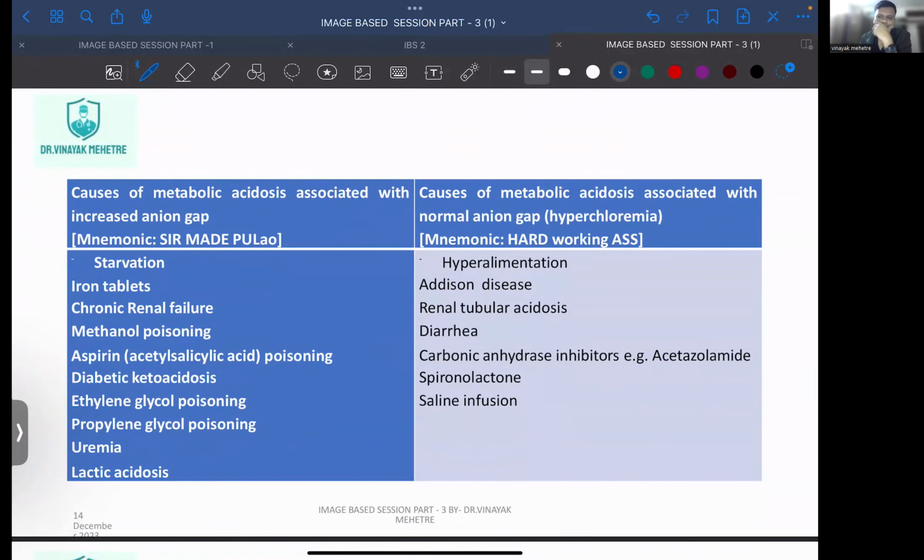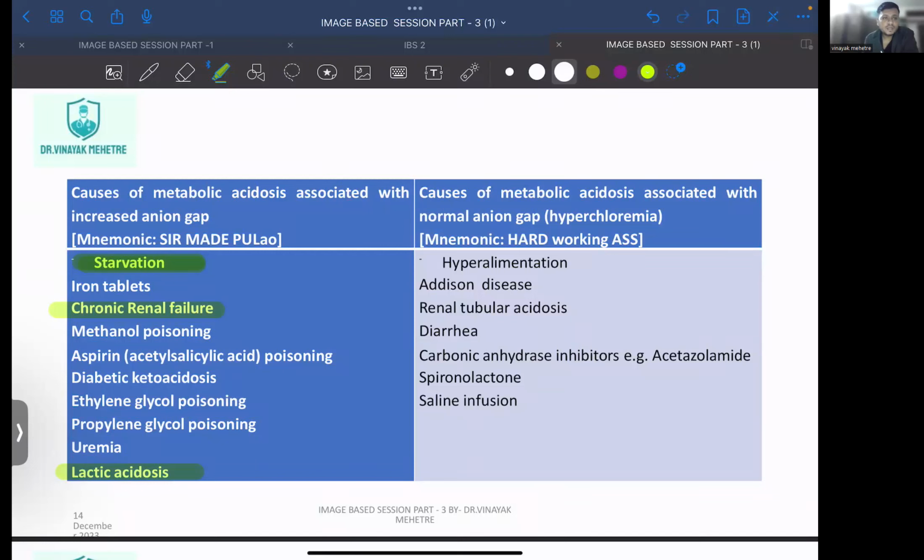You can remember increased anion gap by the mnemonic "sir made pulao". Though I will not make it for you. Remember this: sir made pulao. And in this you should know 2-3 things. It is starvation, not dehydration. Starvation means not eating food.